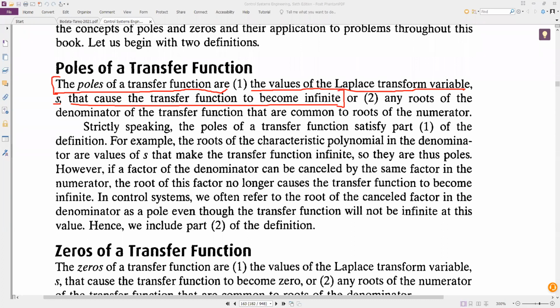Another thing happens: if the transfer function becomes 0, then that is called the zeros. The zeros of a transfer function are the values of the Laplace transform variable s that cause the transfer function to become 0.